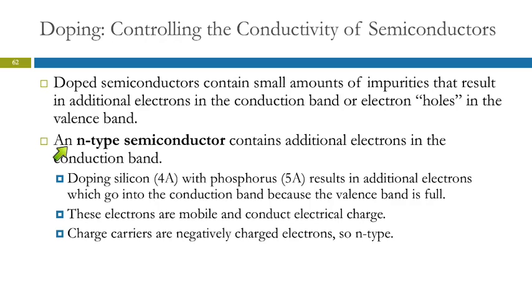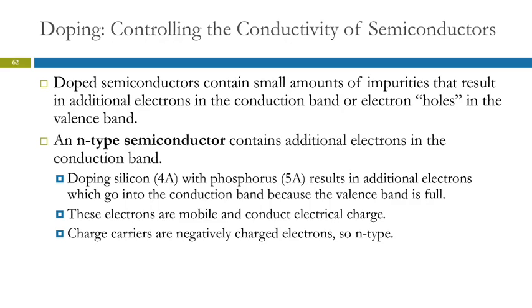So an n-type conductor has extra electrons. If we take silicon, which is a semiconductor, has 4 valence electrons, and we put a little bit of phosphorus in it, phosphorus has 5 valence electrons. So that one extra electron from the phosphorus atom doesn't fit in the valence band because it's full. So it has to go into the conduction band.